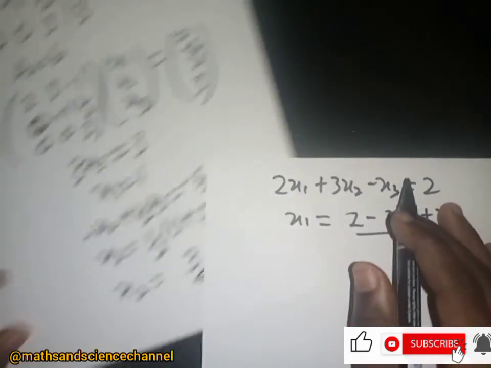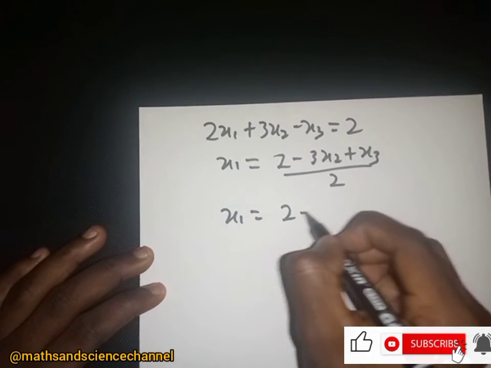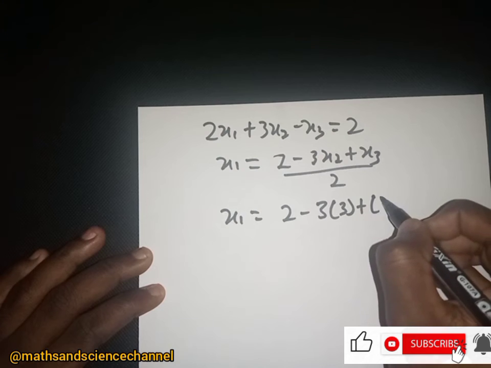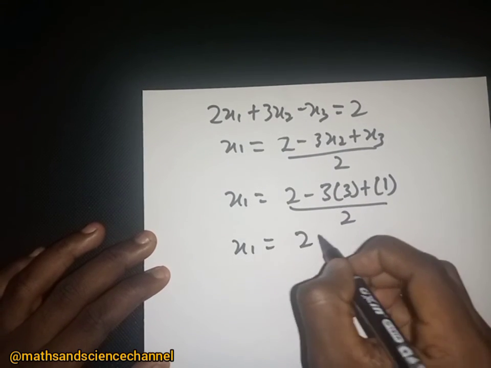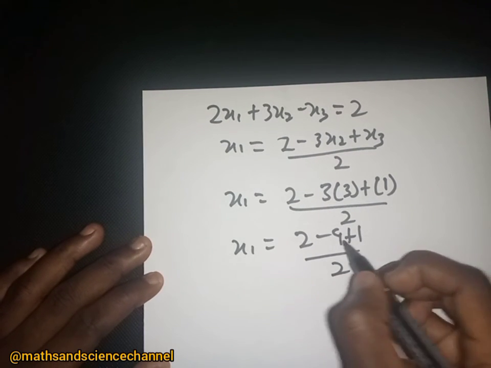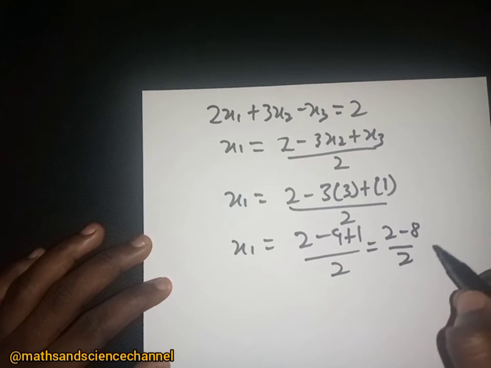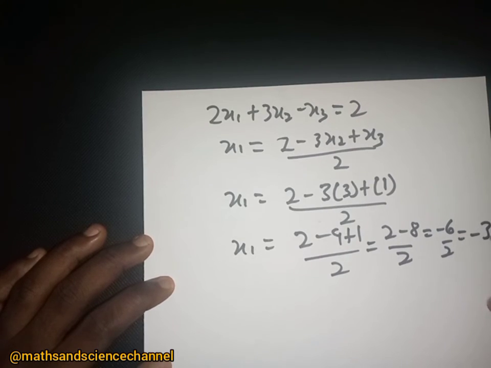So from here what we are going to get is x1 being equal to 2 minus, we had x2 to be 3, then x3 is just 1, then divided by 2. So we have this as 2 here minus 9 plus 1 here divided by 2. So realize that we have 2 minus 8 divided by 2, and this we have minus 6 divided by 2, which is a negative 3 here.